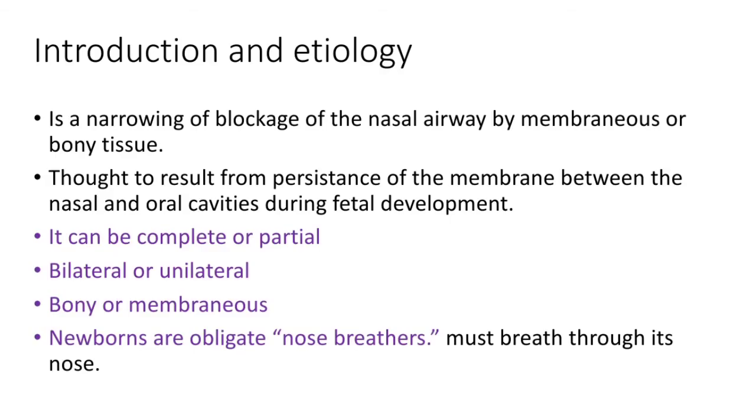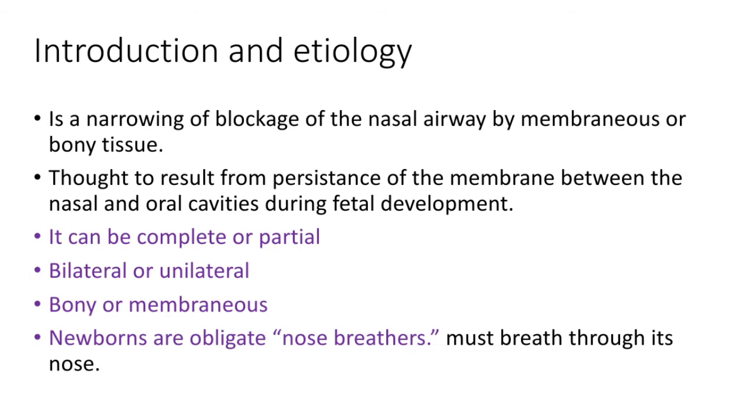It is thought to result from persistence of the membrane between the nasal and oral cavities during fetal development. It can be classified in the following ways. One, it can be complete or partial. When there is blockage, it's considered to be complete, and when there is narrowing, it is considered to be partial.